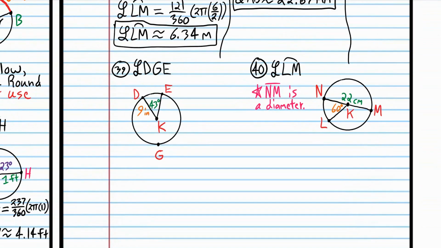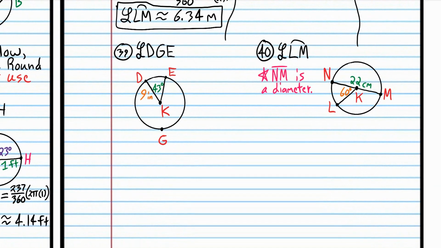All right, we're back. The arc length of DJE, or DGE, is equal to, let's see here, DGE, so that's going to be this arc here, but we can't find that arc length because we don't have this central angle.